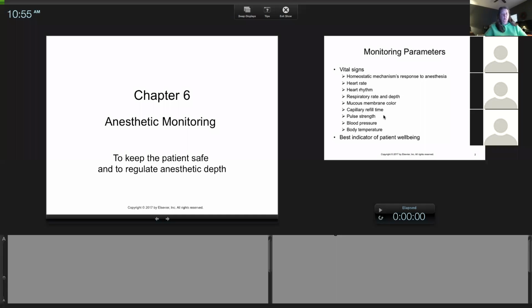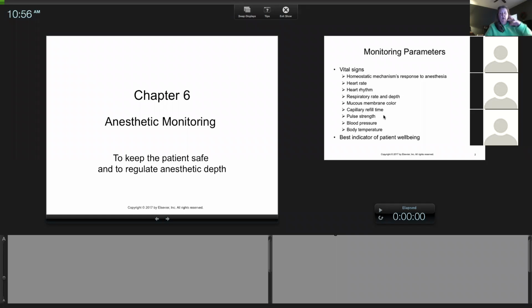Okay, so the way that I impress upon monitoring is basically how do we keep the patient safe? Because anesthetics are deemed safe, but in overdose, in any one of the anesthetics, we could reach an unsafe level. Sometimes patients are too deep under anesthesia and they survive anesthesia.